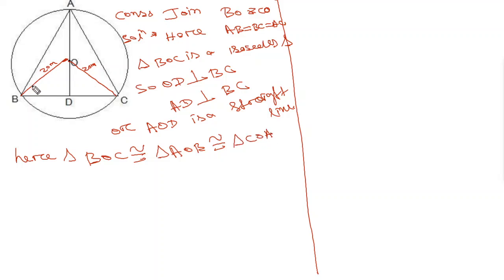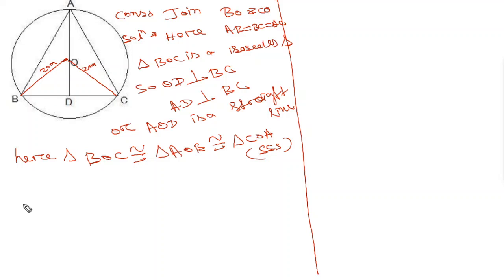Why? You can prove it. Between these triangles, you can see BO equal to AO equal to CO, and similarly AB, BC and AC are equal. So the three triangles are congruent by the SSS rule, all three sides of the three triangles being equal. Therefore, their areas will also be equal.